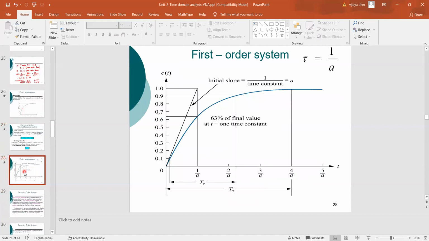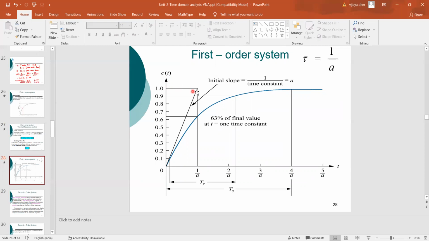Now, let us see this plot. On the x-axis, I have taken time in seconds. On the y-axis, I have taken the output in time domain, denoted by C of t. This is the response in time domain analysis for a first order system.